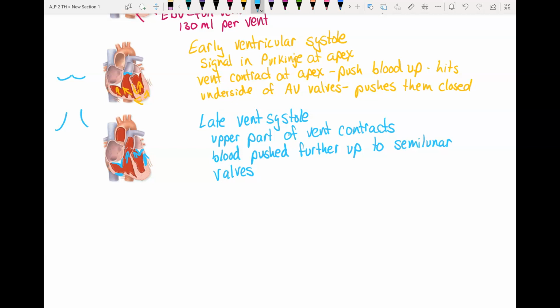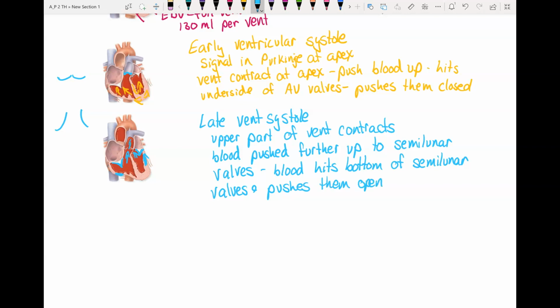So the blood hits the bottom of the semilunar valves and pushes them open. And then the blood enters the arteries.